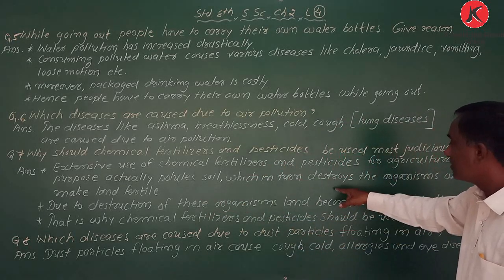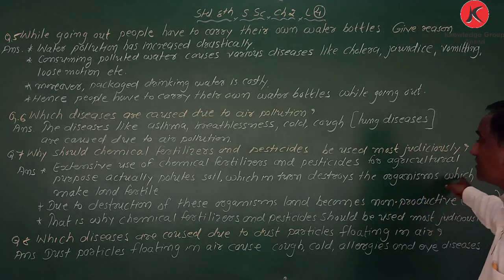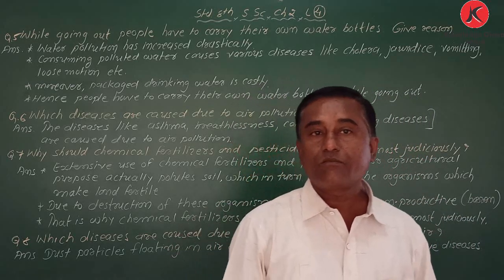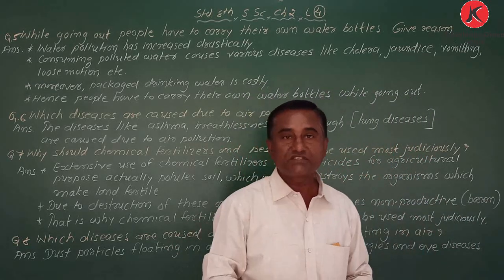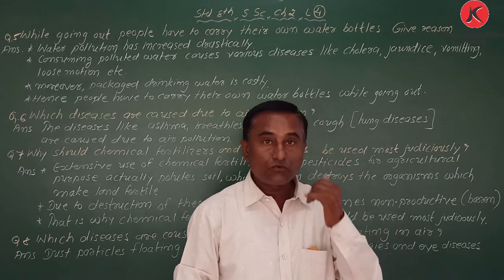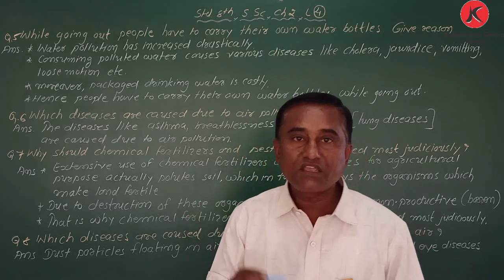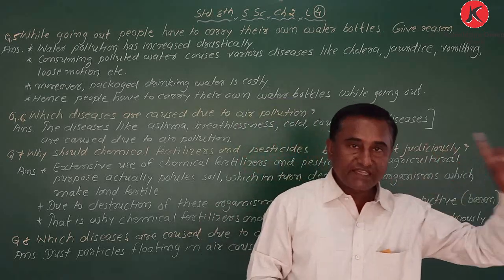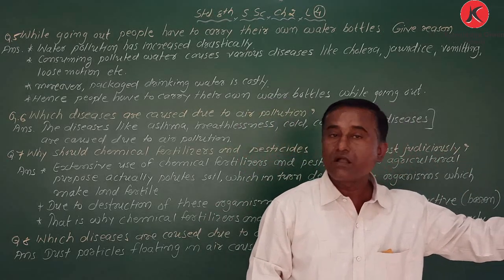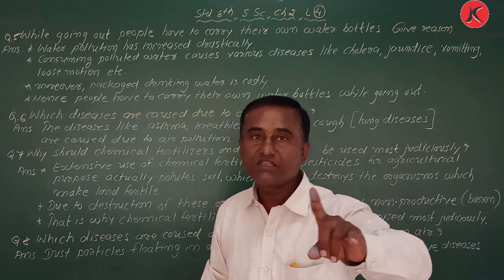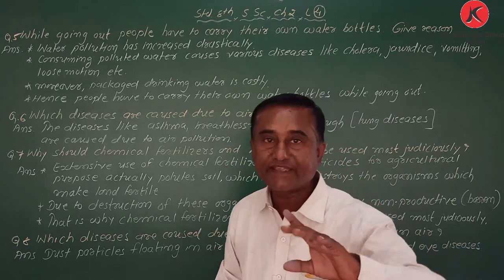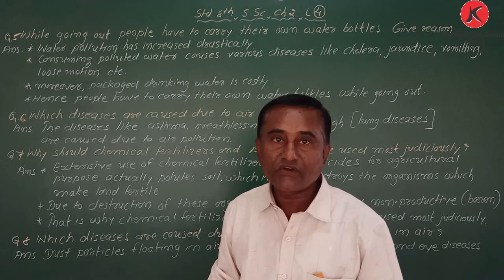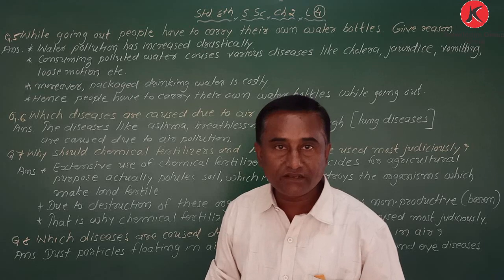Which in turn destroys the organisms which make land fertile. My dear students, some microorganisms help to make the land fertile. But if you use chemical fertilizer, it kills these microorganisms, and we cannot get good, fertile land; the land becomes barren.